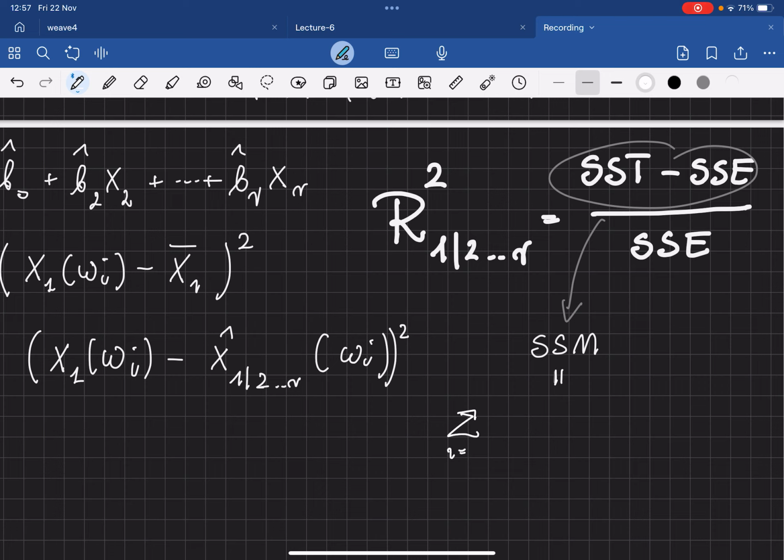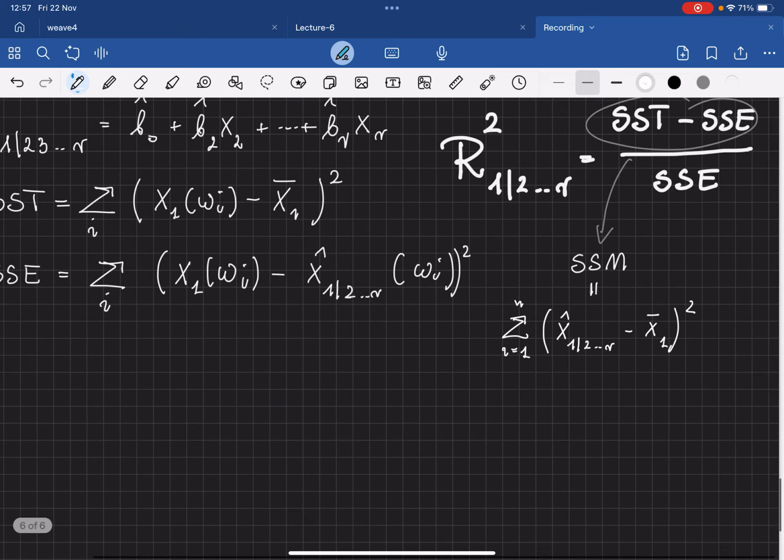Again, sum over all the elements of the sample, of the difference between the prediction using our additional information about independent variables and the sample mean of x1, squared and summed.